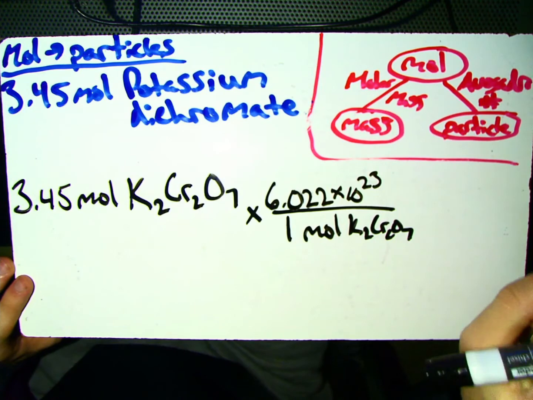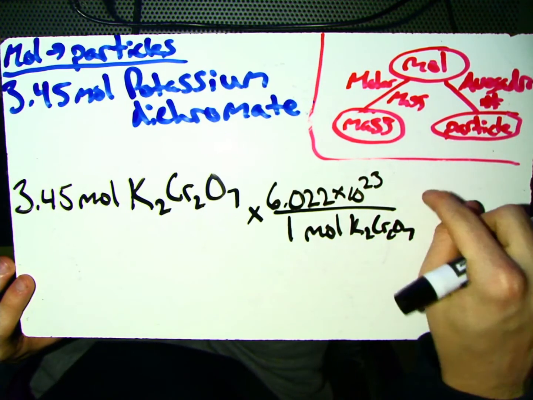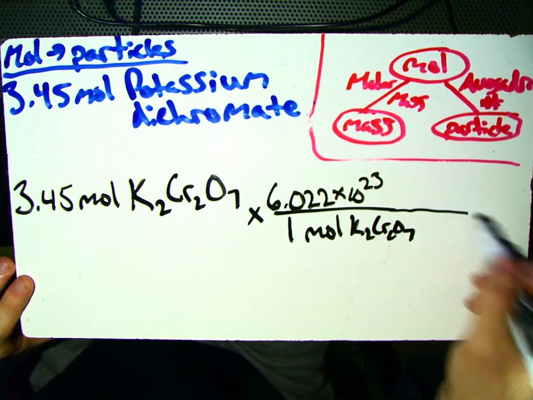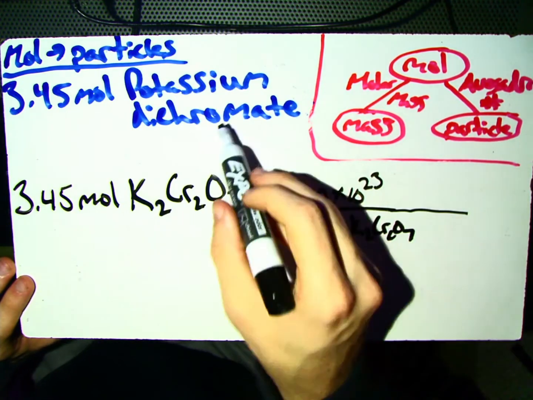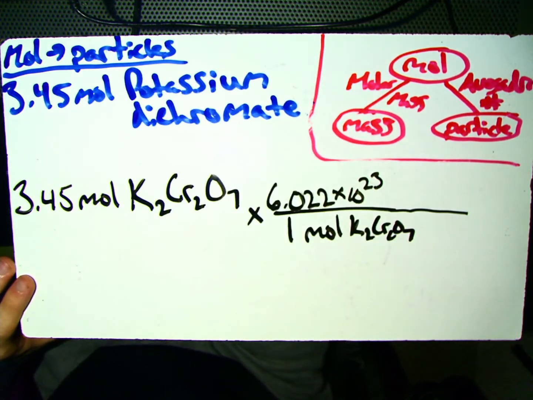Now be careful here, all right? Do not write the word particles. We are going to particles, but because this is potassium dichromate, we need to be specific of what kind of particle it is. Remember, there are atoms, molecules, and formula units. Atoms represent pure elements.